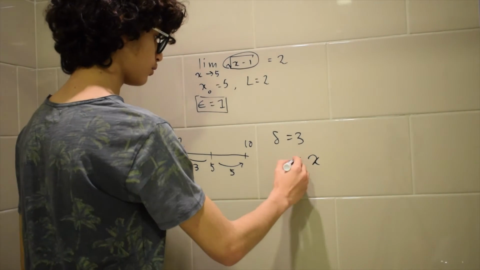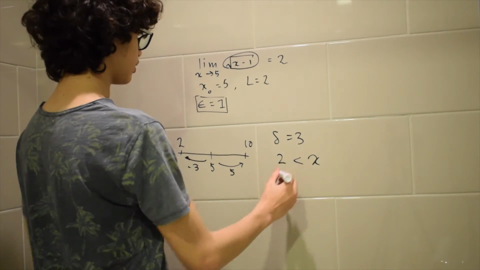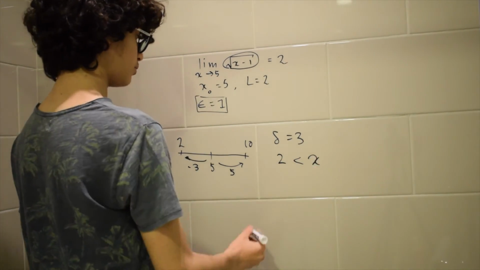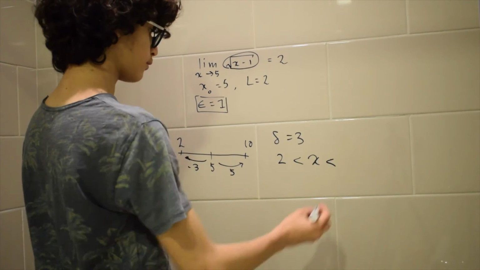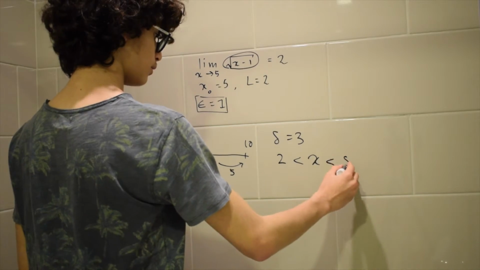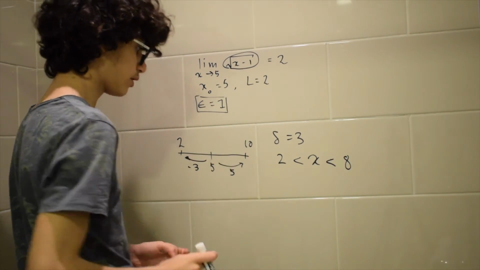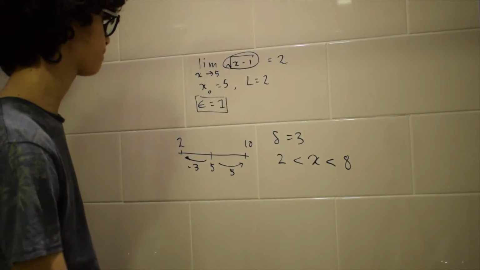This way, we have our x approaching 5 to be 5 minus delta, 2, less than x, less than 5 plus delta, 8, which places it between this interval.